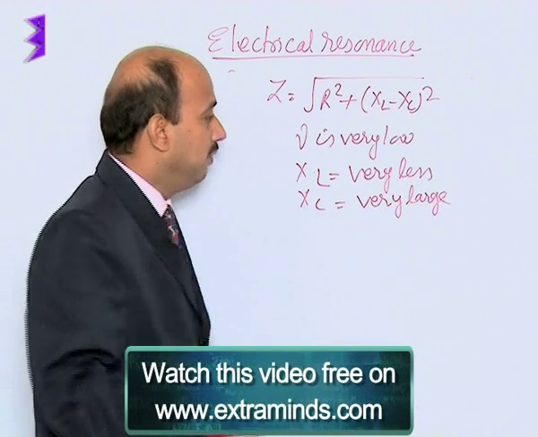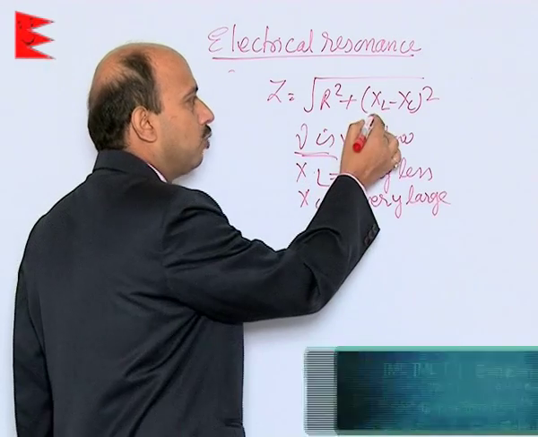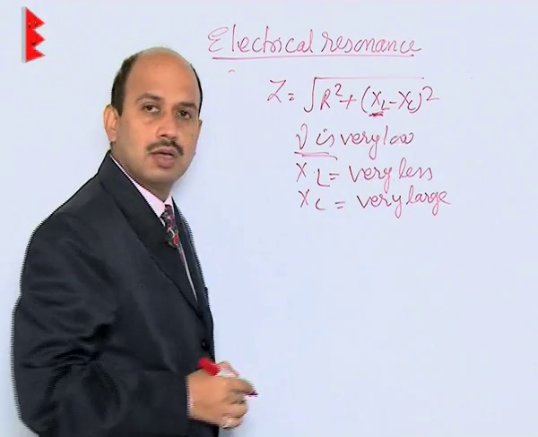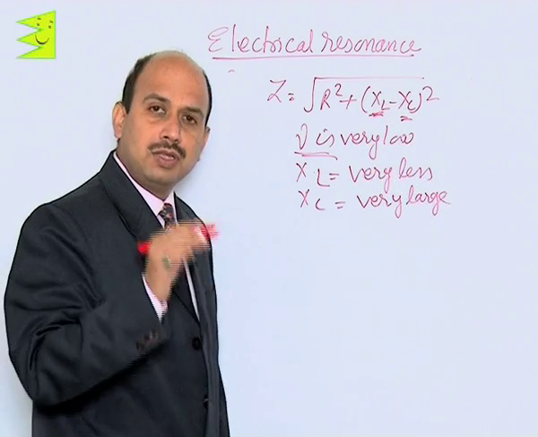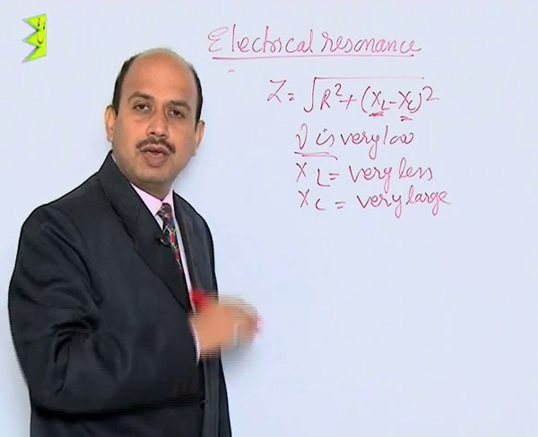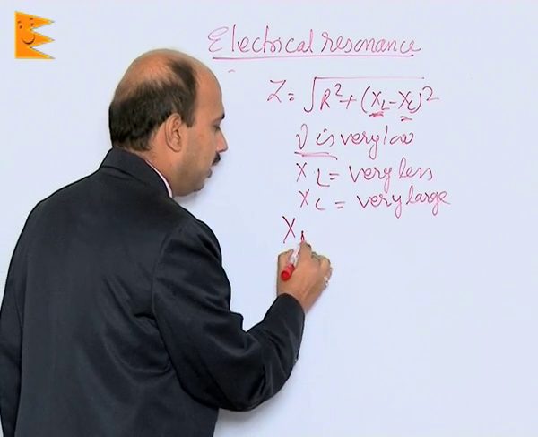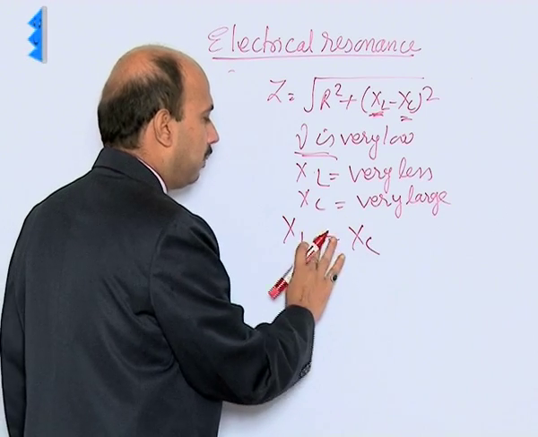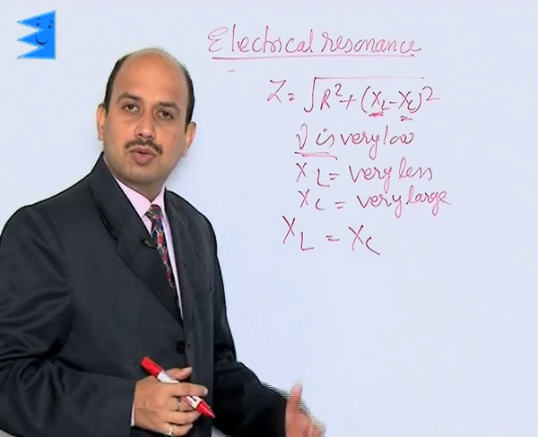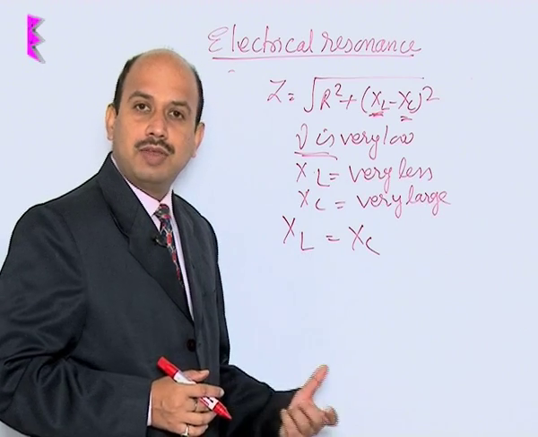But if you keep on increasing nu, XL keeps on increasing and XC keeps on decreasing. At a particular value of the frequency of the AC source, XL will be equal to XC. This frequency is known as the resonant frequency.